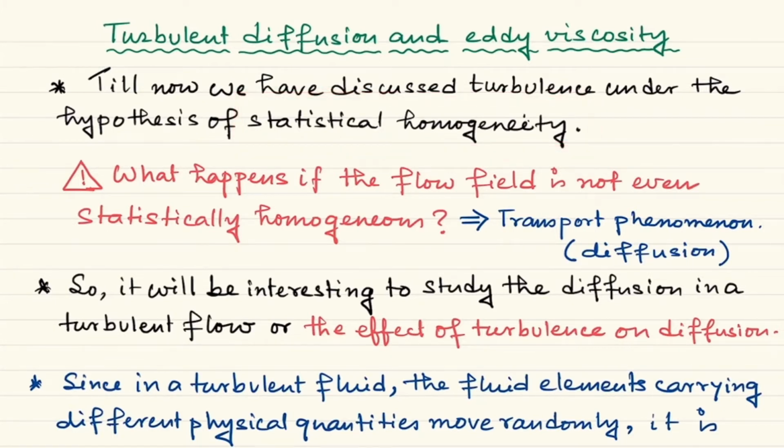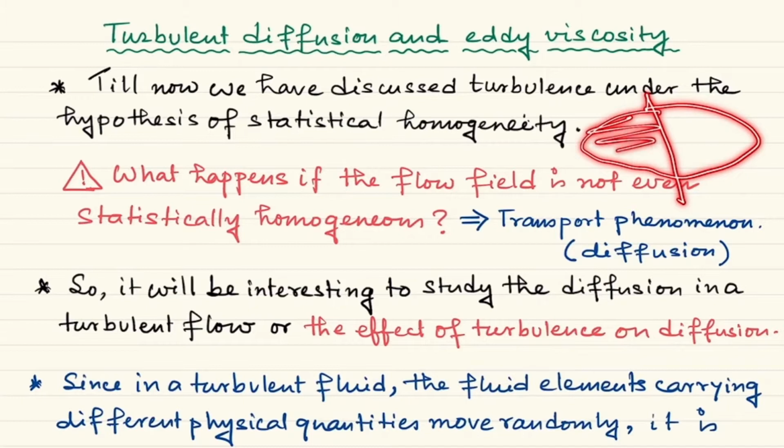Now let's say we have a system where even statistical homogeneity cannot be applied. That means the system has very strong gradients. For example, let's say you have a flow field in which this part and this part cannot be compared with each other.